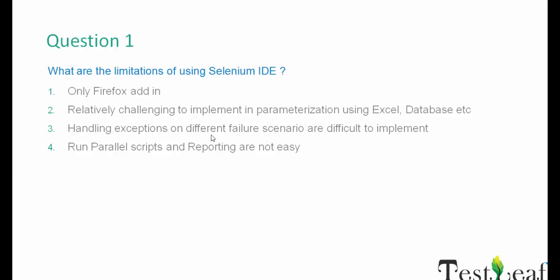What if something goes wrong? How do you implement such a scenario? You want to have a snapshot on failures or you want more details about the failure cases. How do you really do that? IDEs are very difficult to use for such scenarios. You want to run multiple test cases in parallel as you have more and more test cases, which means you cannot connect the IDE to the grid, not possible.